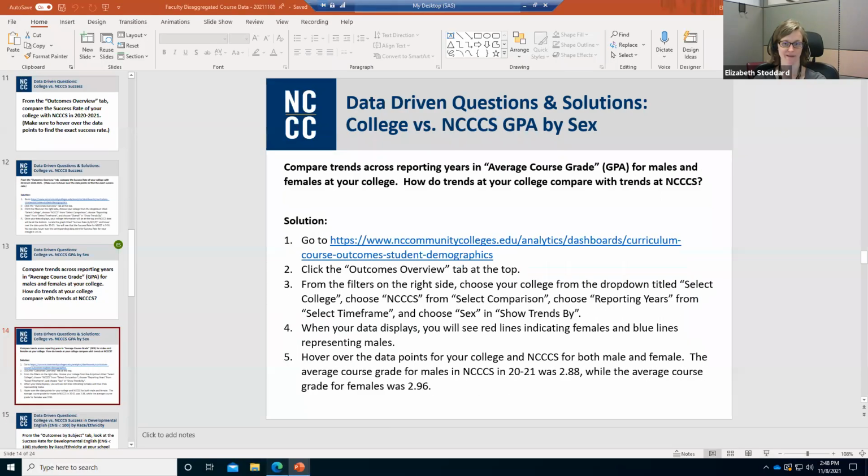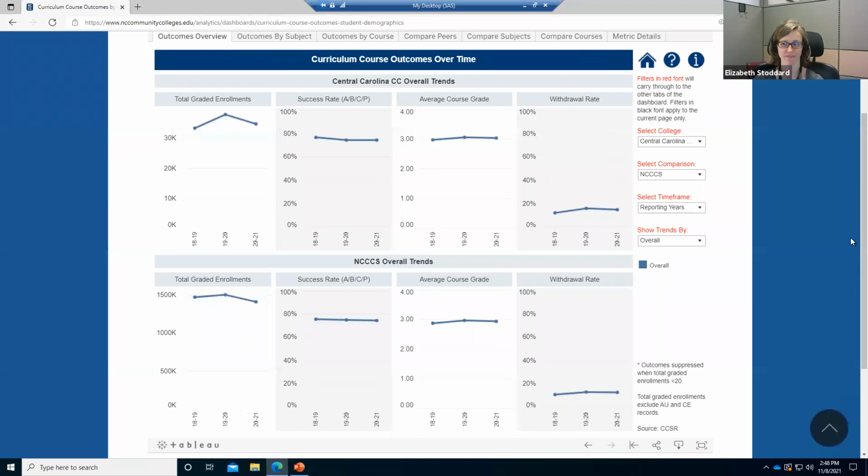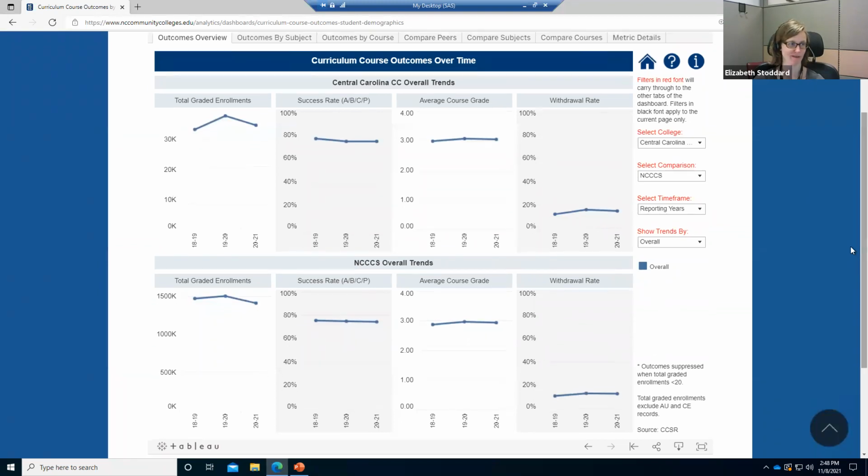Okay, let me show you how I would answer this question. We're looking at reporting years, and we're looking at the average course grade, so it's this column of graphs here, and we want to compare males and females. So I'm going to show trends by sex here.